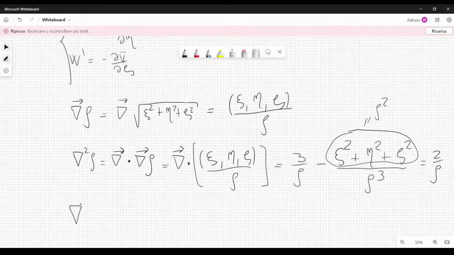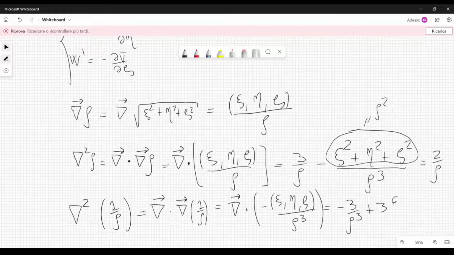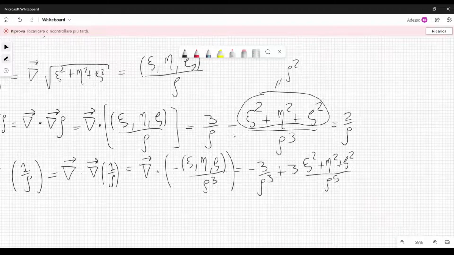Then we will also need the Laplacian of 1 over rho, which is equal to the divergence of the gradient of 1 over rho, which is equal to the divergence of minus xi, eta, zeta divided by rho cubed, and this is equal to minus 3 over rho cubed plus 3 xi squared plus eta squared plus zeta squared divided by rho to the 5th power, and this is equal to 0 because here we have rho squared, so if you check, that's 0.